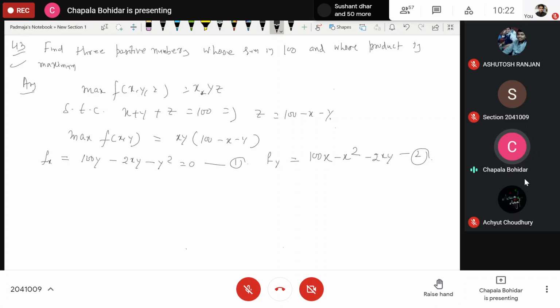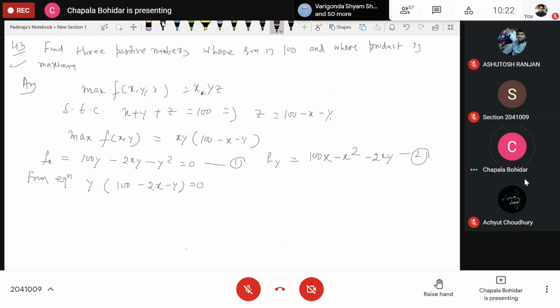So from equation 1, I am doing this one. I'll give you one problem of the same type to solve. In equation 1, take y common: y times 100 minus 2x minus y equal to 0.